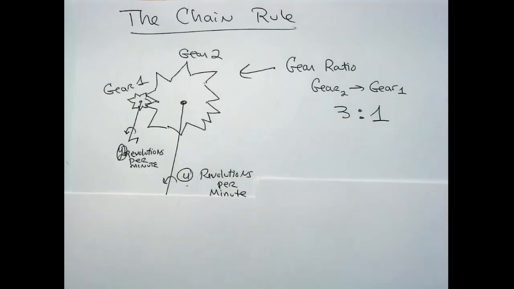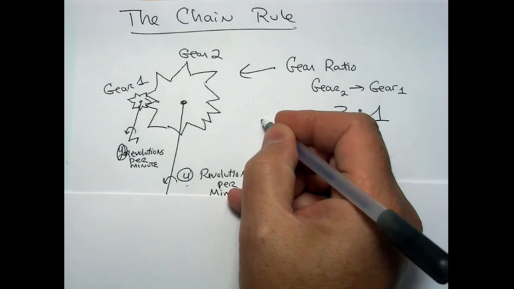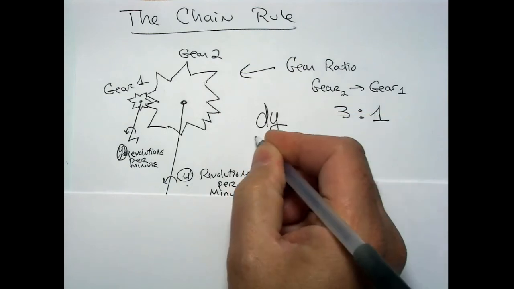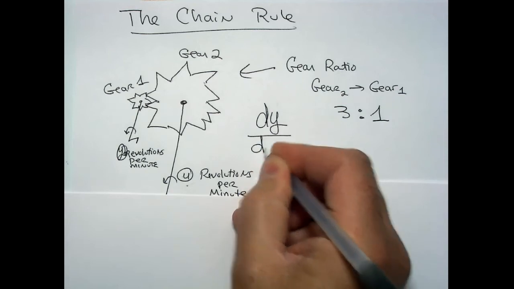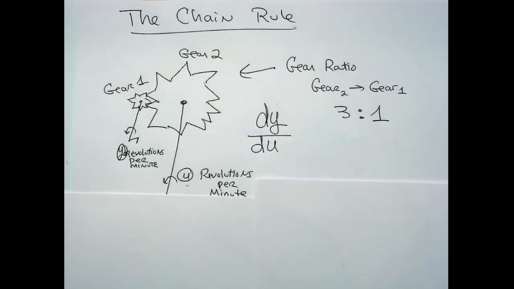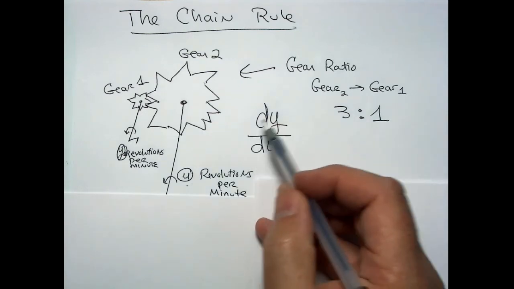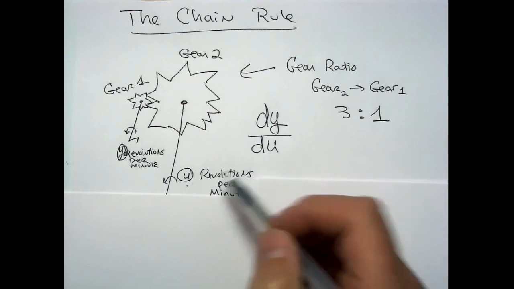How do we relate that to a derivative? My question is, how does y change with respect to u? And guess what? That's a derivative, isn't it? dy du. So derivatives are rates of change, and we read these as how does this change with respect to that.